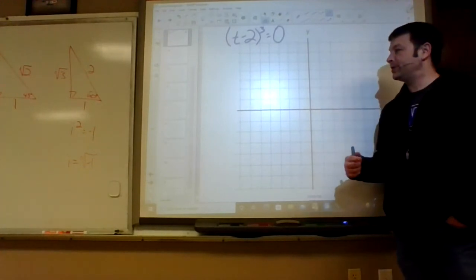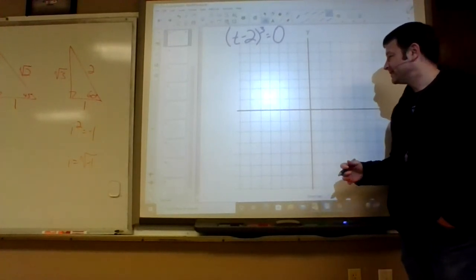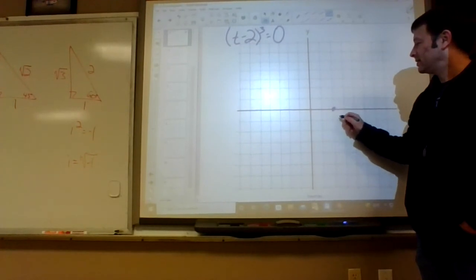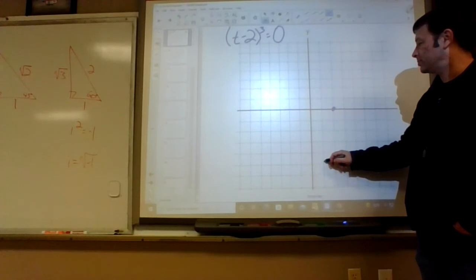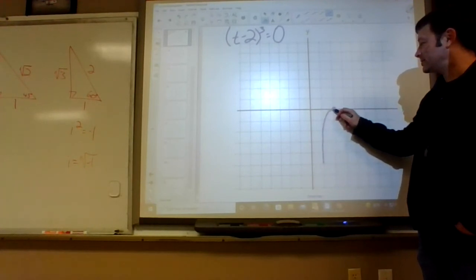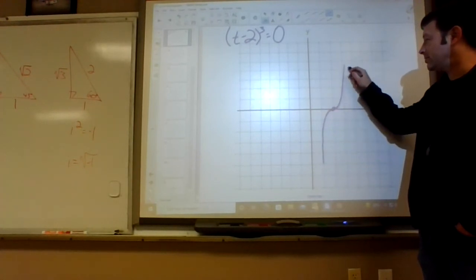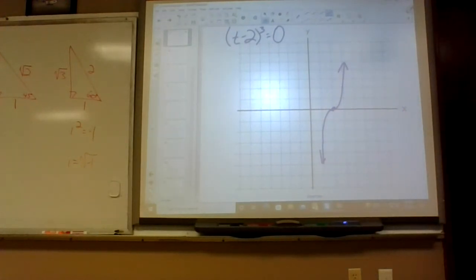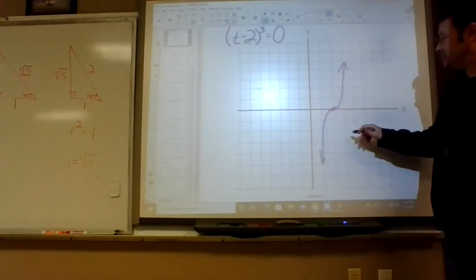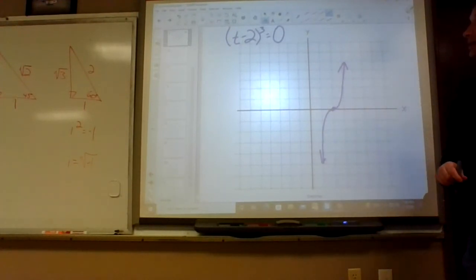You guys remember what happened on a triple root a long time ago? Double roots bounce. Triple roots flatten out like it's going to bounce, and then they keep going. So it looks something like that. So it doesn't even look like an N at that point.